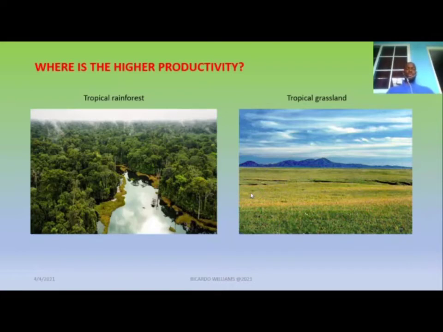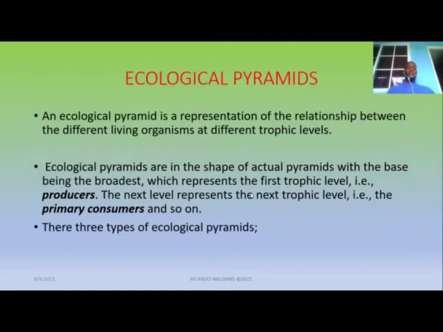So you will actually have abundance in terms of the types of animals that you can find in that ecosystem. And the reason why you have that abundance is because of the abundance in the producers and the types of producers that we have. So that's what we mean by productivity: the amount of energy being trapped by the producers. And you can see that the tropical rainforest will trap more energy than the tropical grassland.